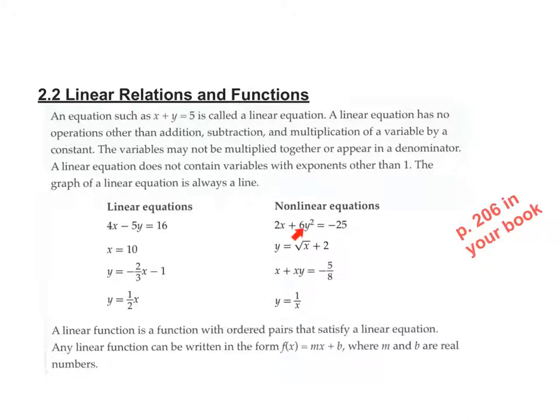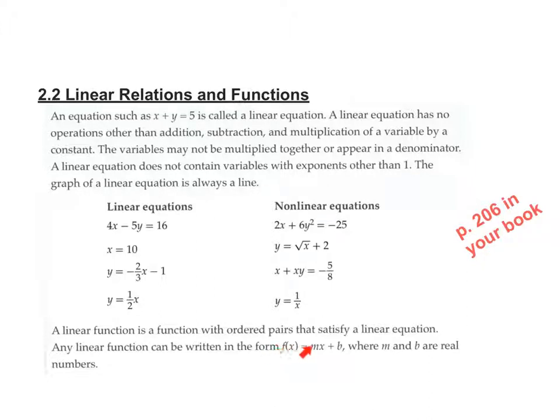Can't be linear. There's a variable in a radical. Done. Can't be linear. Two variables are being multiplied together. Can't be linear. We have a variable in the denominator. Can't be linear. Bottom line is, when it's not linear, you just have to point one of those things out. If it is linear, you have to state 4 different reasons why it's linear. And that's on the next slide.